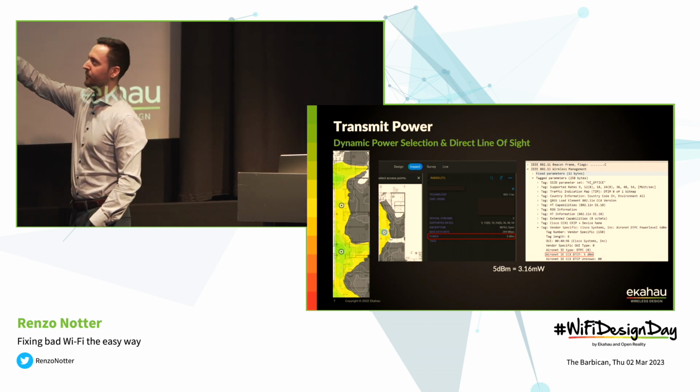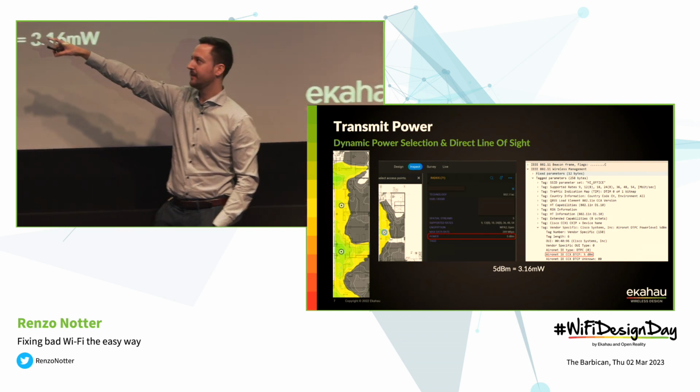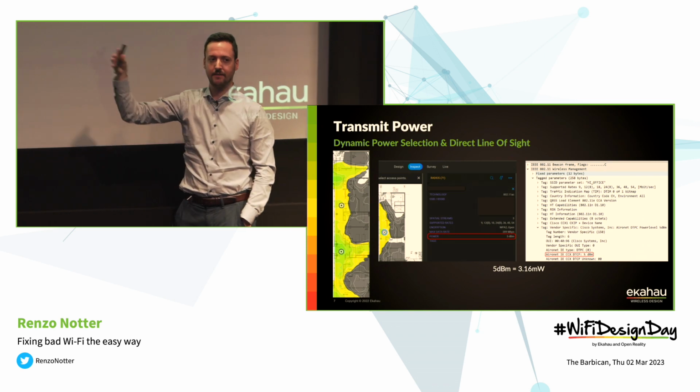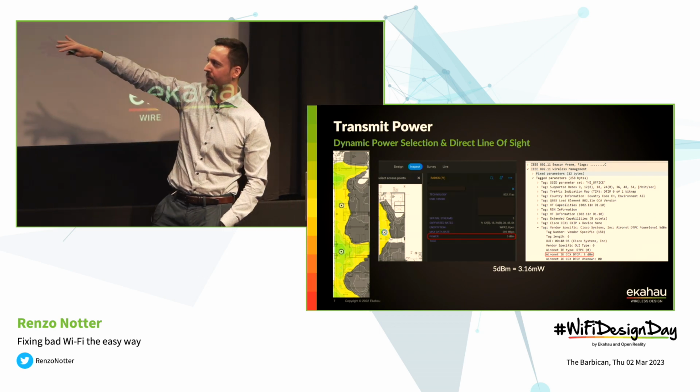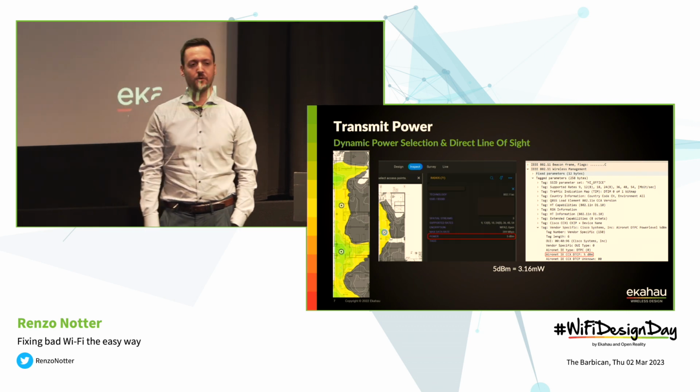You can see this when you do an Ekahau survey and go into the inspect mode. If the vendor gives us the information in the beacon frames, it also shows it to us inside the inspect mode in Ekahau.